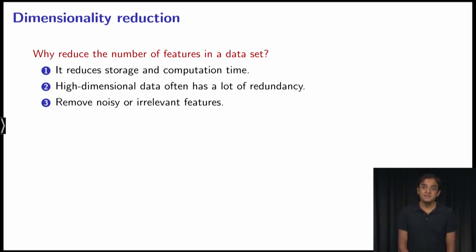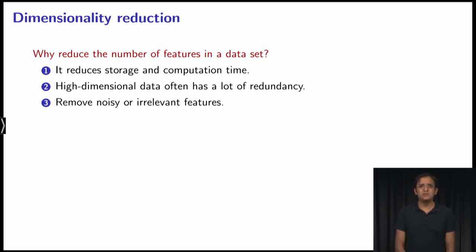And third, dimensionality reduction is a great opportunity to jettison irrelevant or noisy features. If you're looking over somebody's medical record to assess whether they're at risk for some disease, there's a lot of irrelevant information in there. Social security numbers, for example. These are pure noise, and we should just get rid of them.